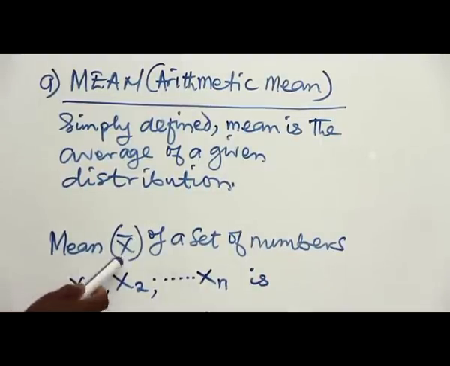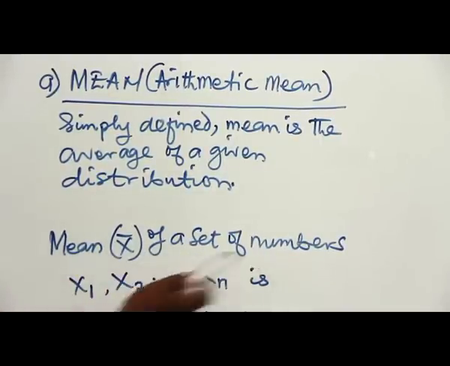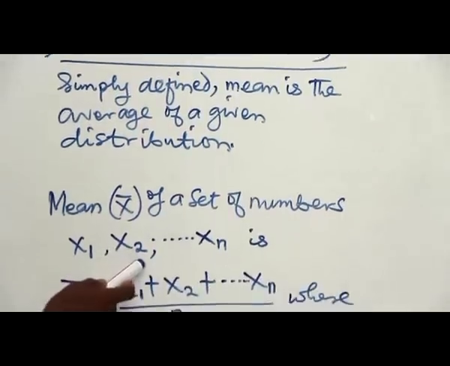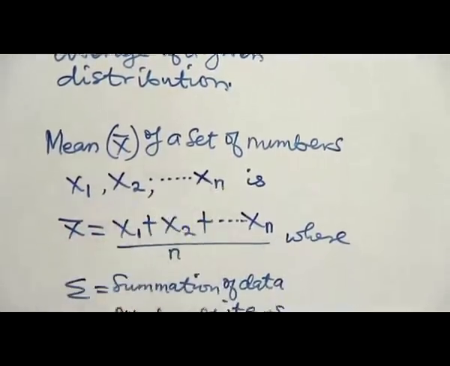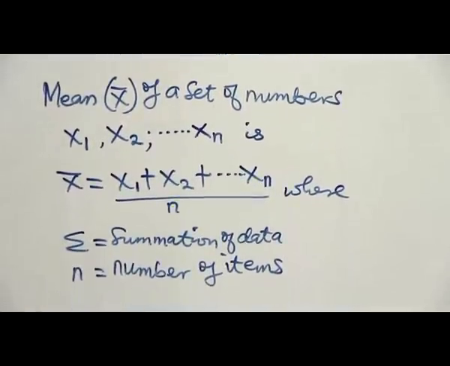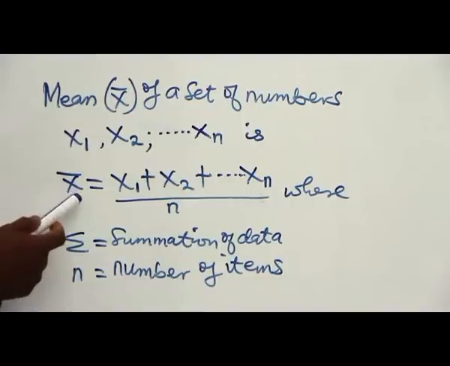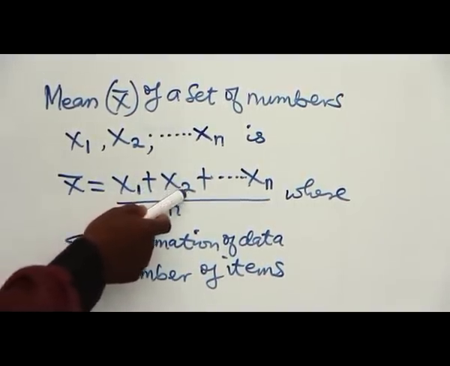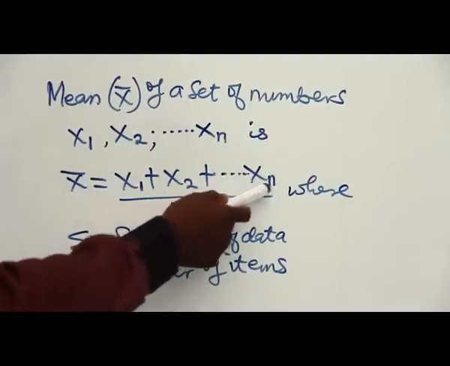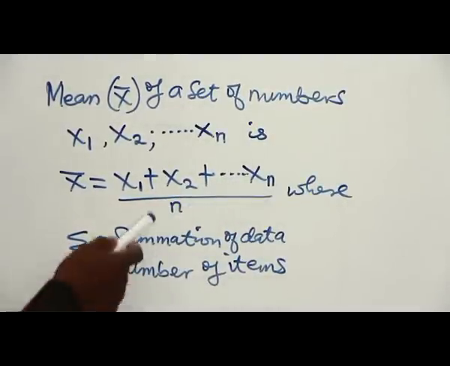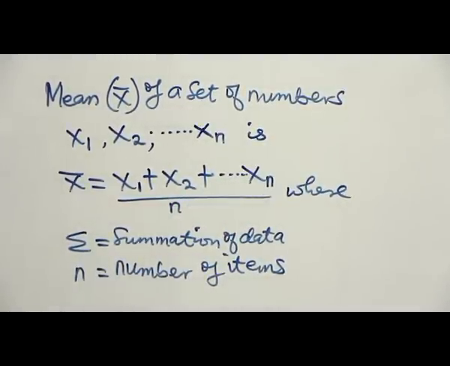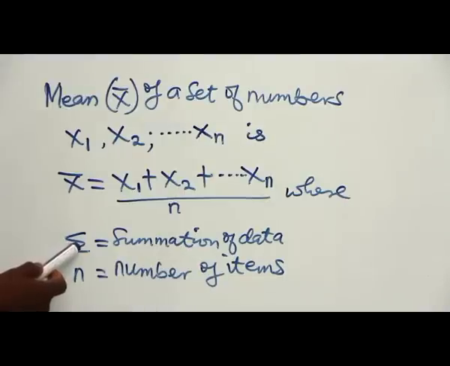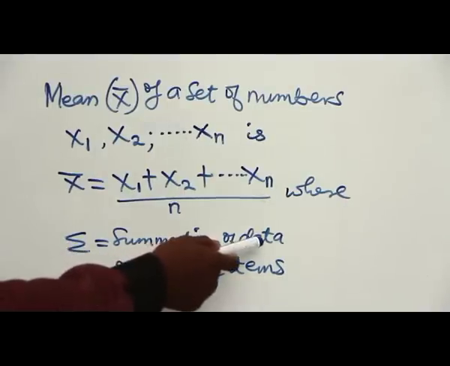Now, the mean, x bar, of a set of numbers x1, x2 to xn is x1 plus x2 plus up to xn over n, that is, sigma x over n, where sigma is the summation of data.